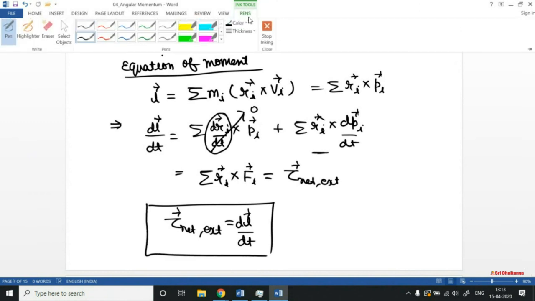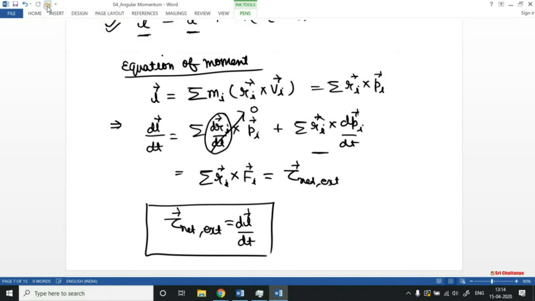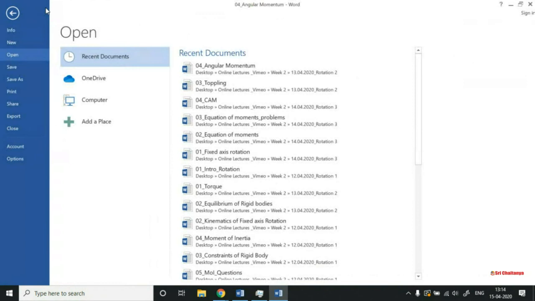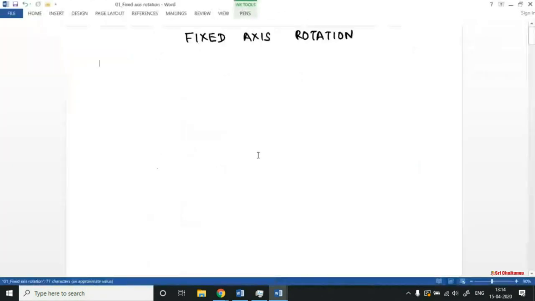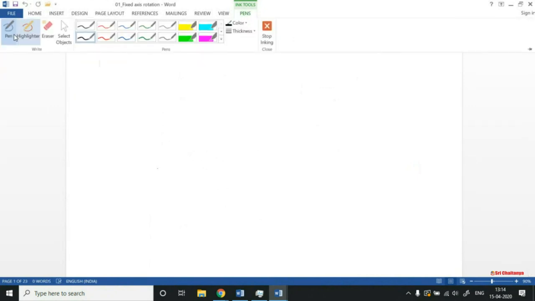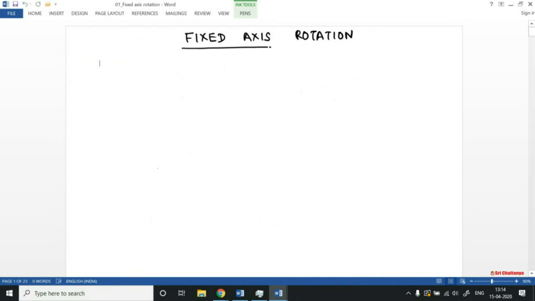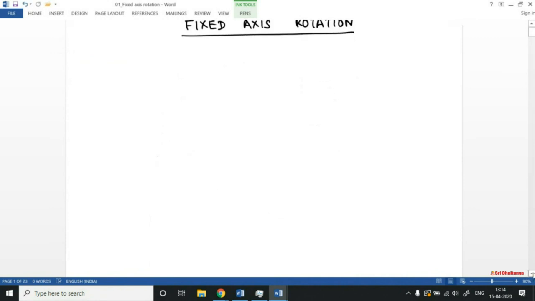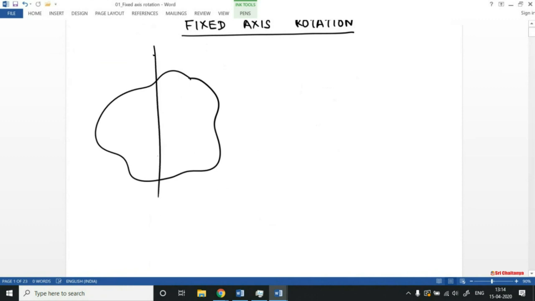So now let's look into rigid body dynamics. Fixed axis rotation. Looking at fixed axis rotation, let's say we have a rigid body which is constrained to rotate about this axis with an angular velocity omega.